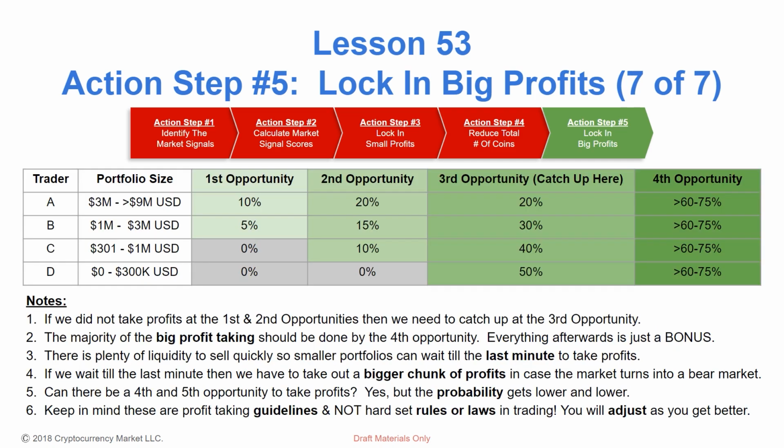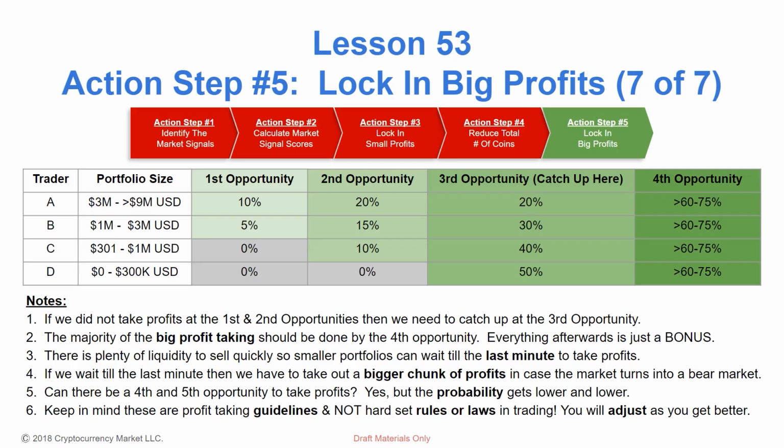So here's an example, or a case study, of how several portfolio sizes can take profits in the first, second, third, and fourth opportunities. The first example is trader A, who has a portfolio that is 3 million to 9 million. This trader has a large portfolio, so in the first opportunity to take profits, or the first big wave, this trader will take out 10% profits.